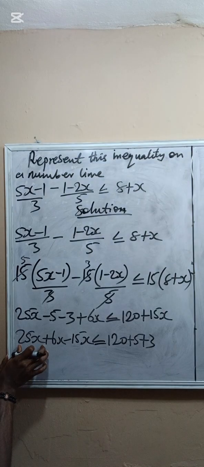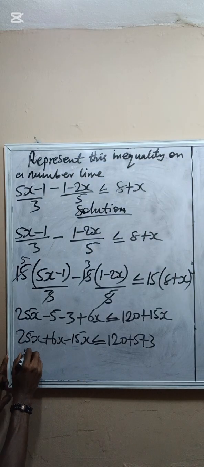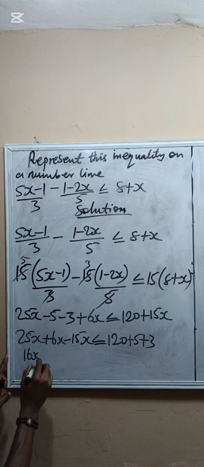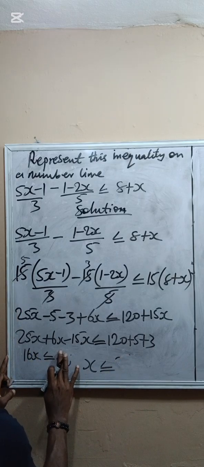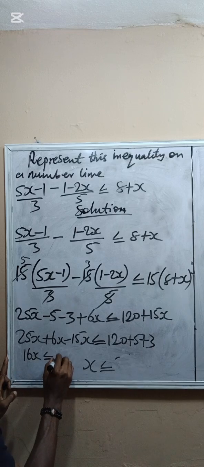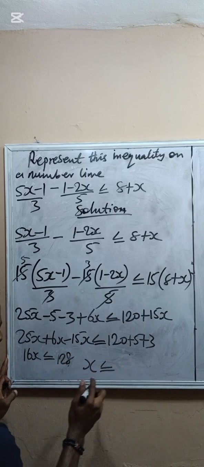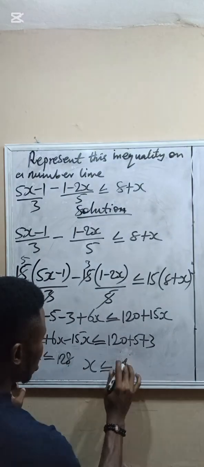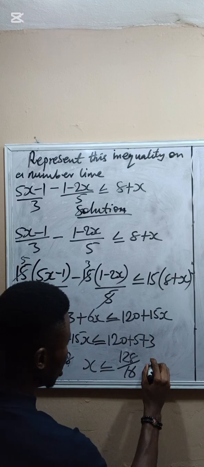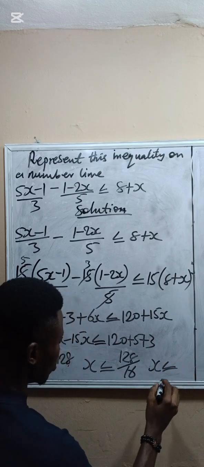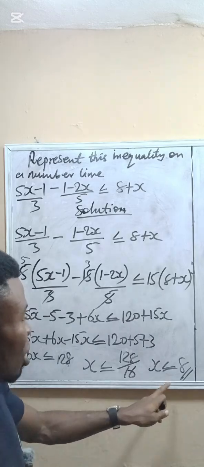So we have that 25 minus 15 plus 6, we have 16x is less than or equal to, sorry, this is 128. So this will give us 128, right? And then 16 divided into this 16, 128 over 16. And then x is less than or equal to what? 8.